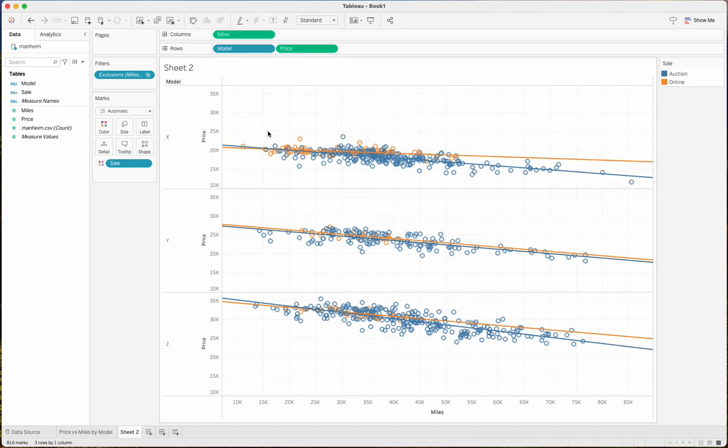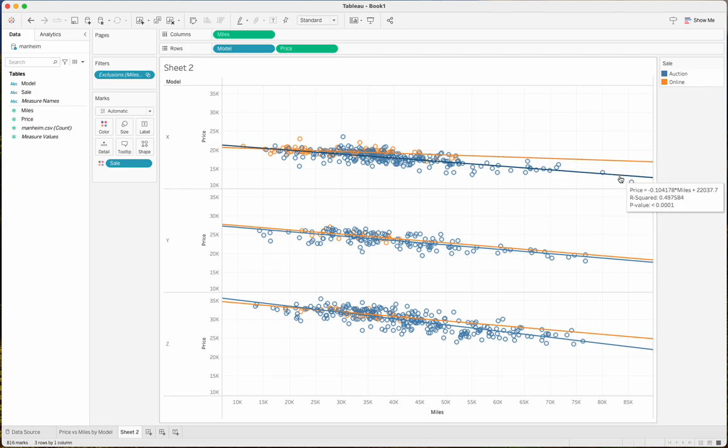So taking a look at this for X model cars, just hovering over this, we can see that cars sold at auction fetch a greater premium than cars sold online.